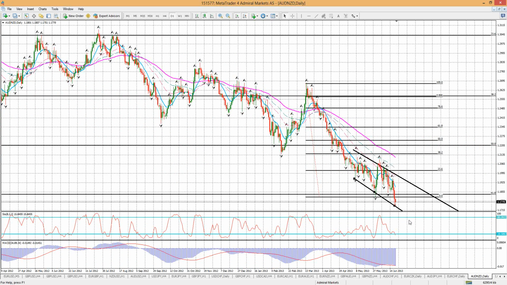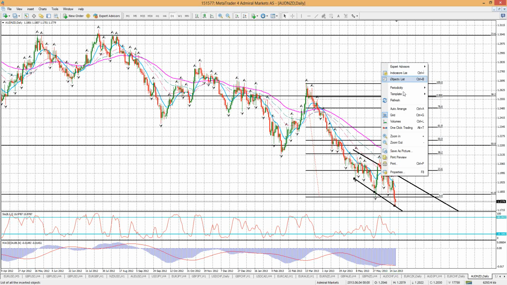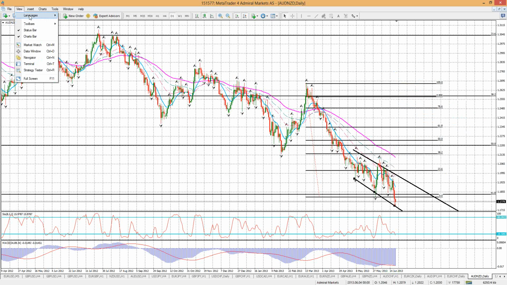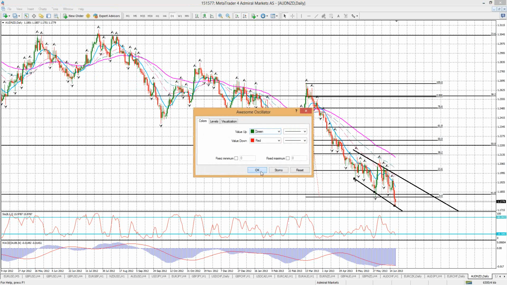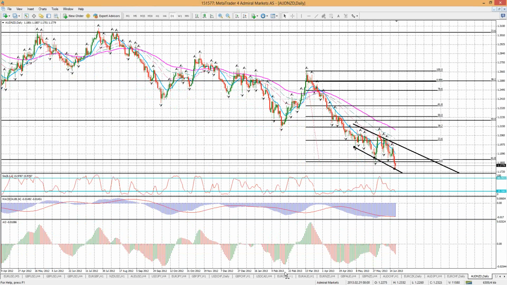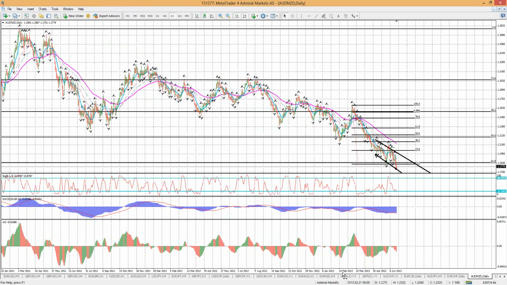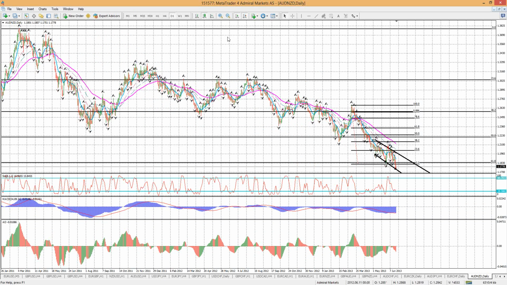So that could be, because day chart is also rounding here. Let me check the AO, the awesome oscillator. That's the only thing that could give a bigger, let's see.